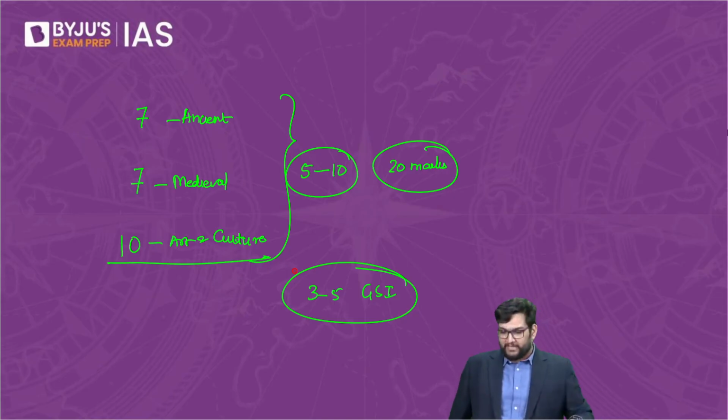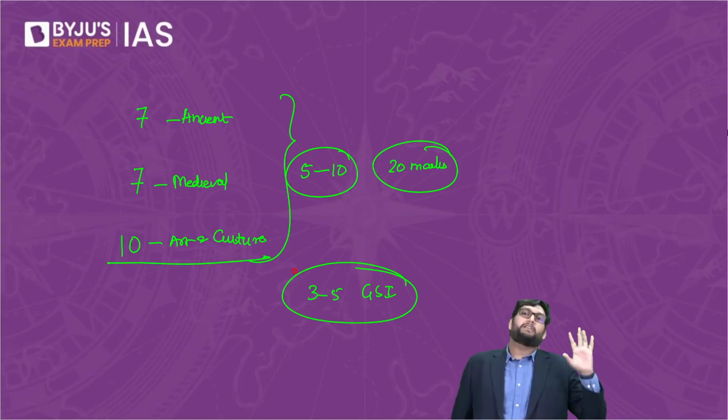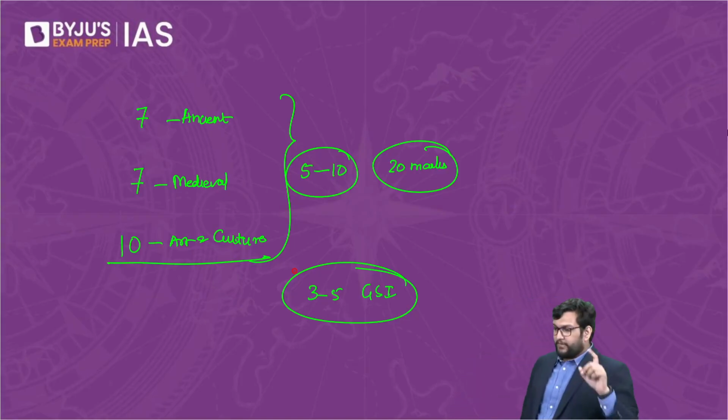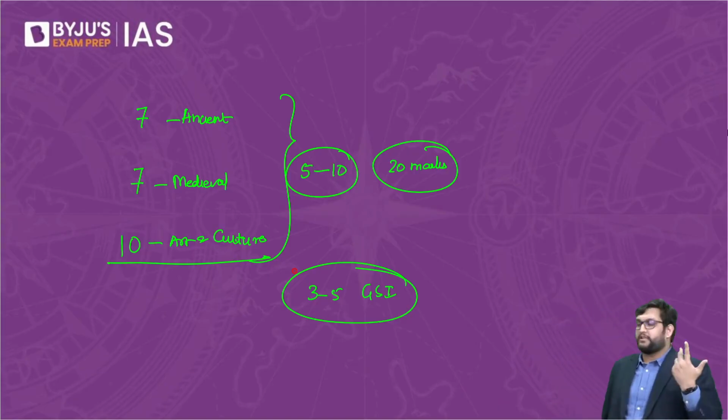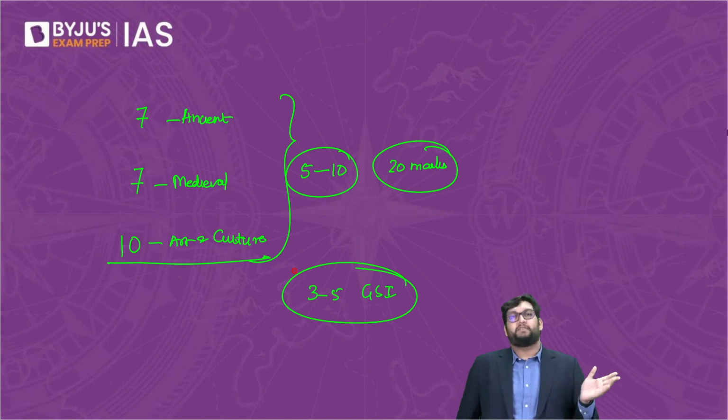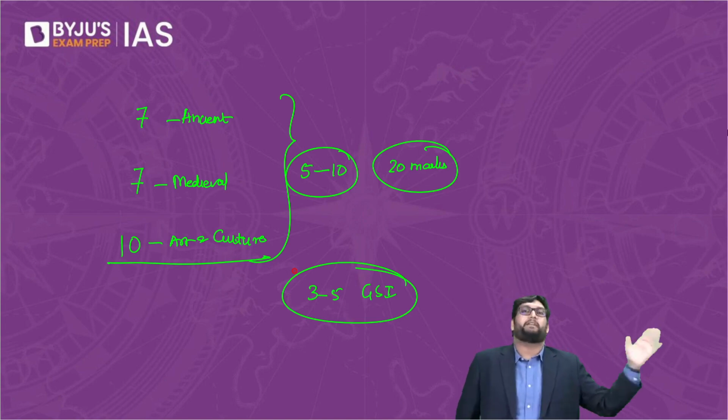If there's any prohibition, or some mantra which has been taught to you, or if somebody is actually asking you to do it, tell them to shut up, because it is not going to work. So first things first, you can't do art and culture without ancient medieval. And ancient medieval is not difficult if it is done in a systematic way.